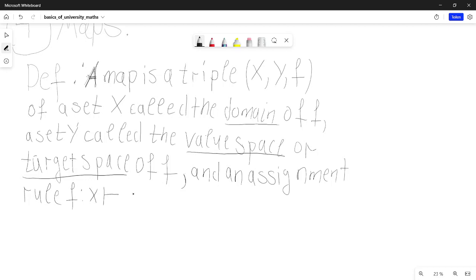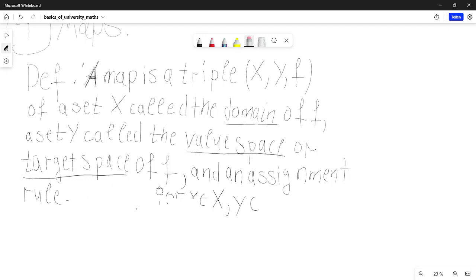Let's maybe state it precisely immediately so that it does not confuse you. It is okay that it is not written very precisely.